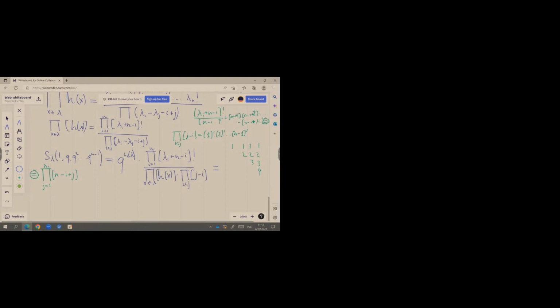So this is the product over rows, right? I need to take the product over j's, which goes along a row, and the number of entries here is equal to lambda i. So I can rewrite this part divided by this part as another product over boxes.